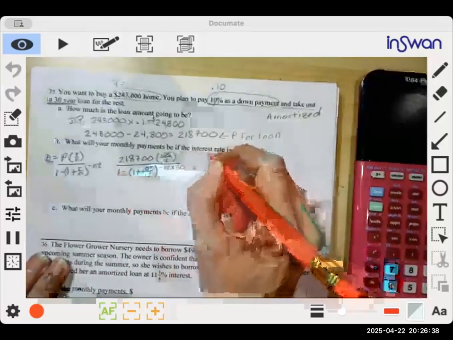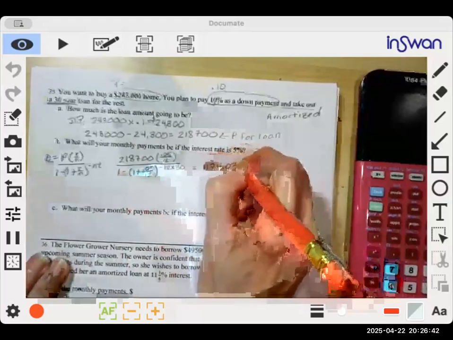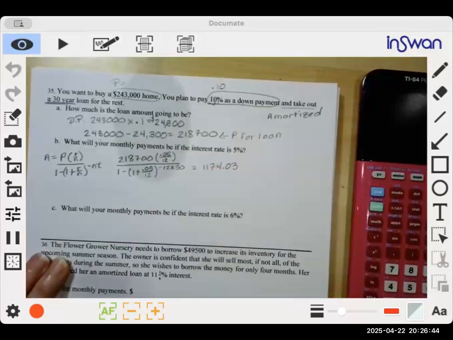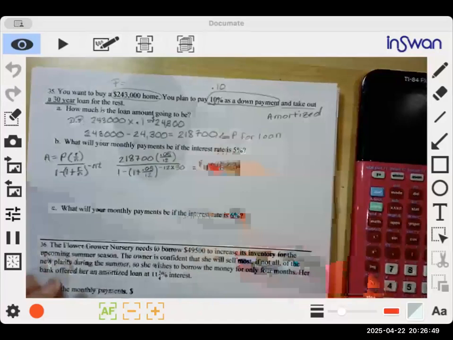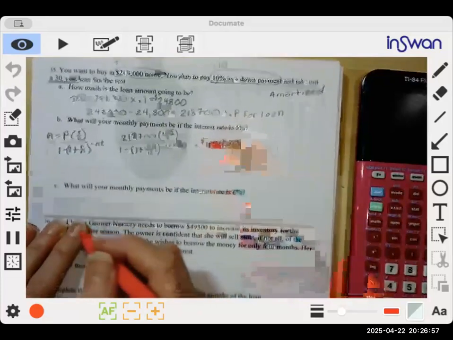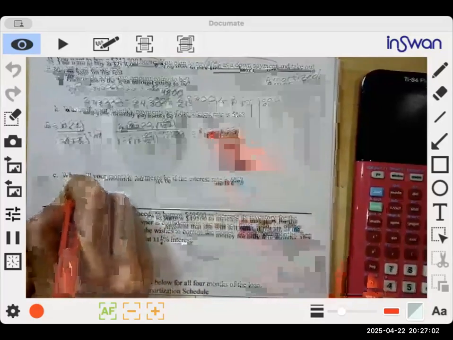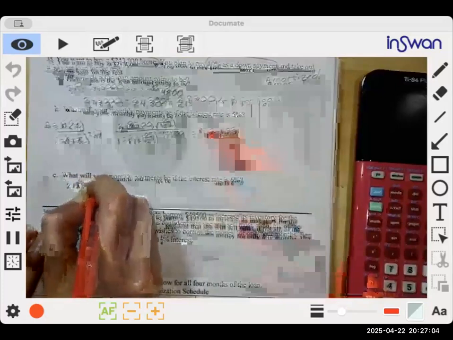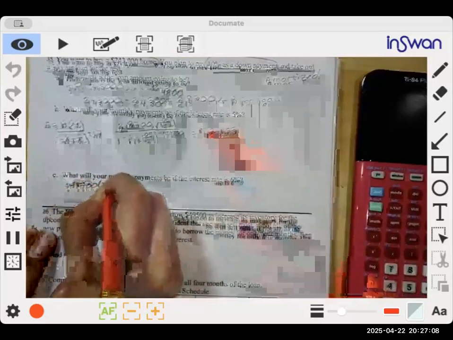All right, I just plugged the numbers into this formula again, and calculator wise, we'll get 1174.03. And then the monthly payment if the interest rate is 6%. So they want you to do it again, but now with 6%. So we'll do the same formula, but now 0.06.